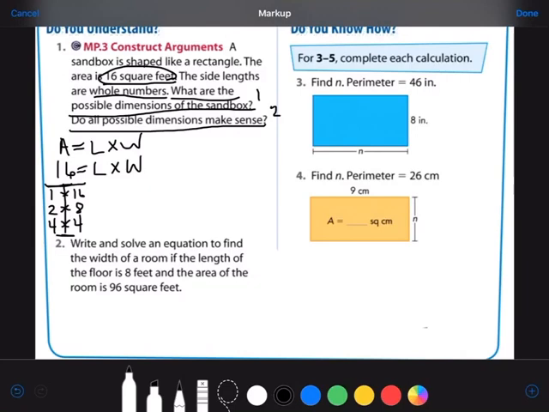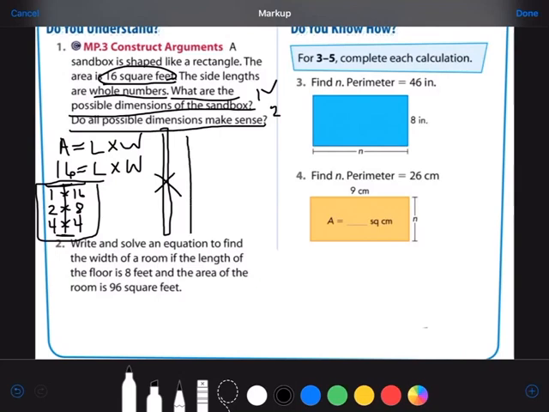Now, dimensions just means the lengths of the sides of the sandbox. So what are the possible dimensions of the sandbox? Well, these are 1 times 16, 2 times 8, and 4 times 4. Done. Then it says, do all possible dimensions make sense? Well, have you ever seen a sandbox that was only 1 foot wide but 16 feet long? That one really doesn't make too much sense.